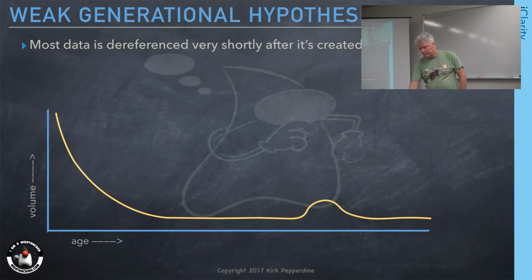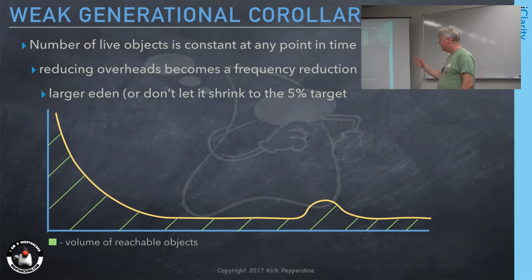There's another observation you can make here. The area under the curve is the volume of live data you have in your system at any point in time. It's a little bit of calculus here, and what that means is that it remains constant.